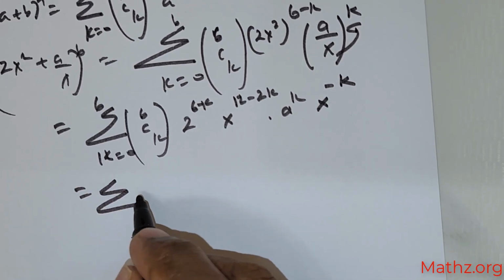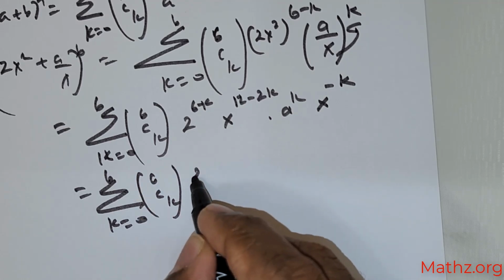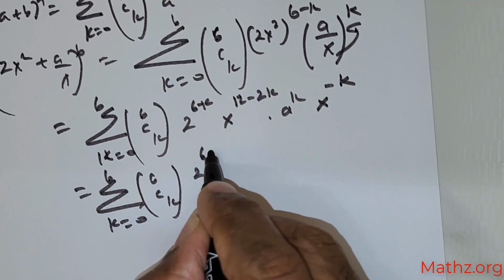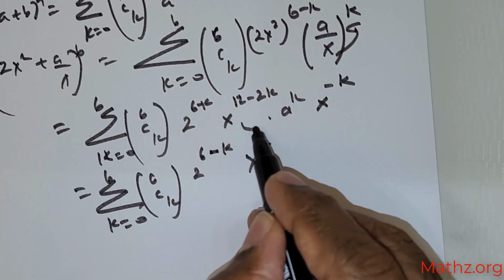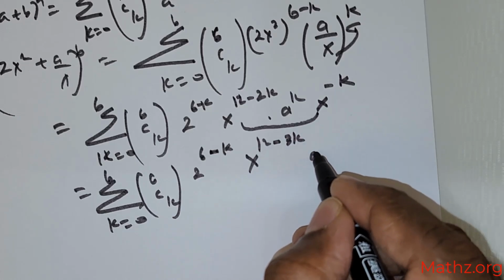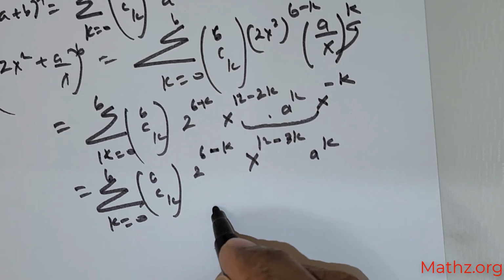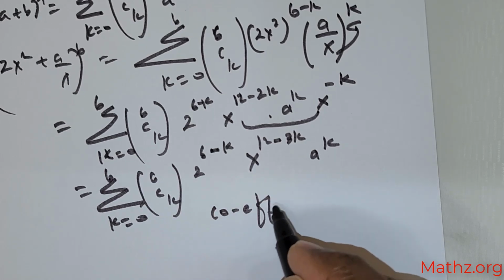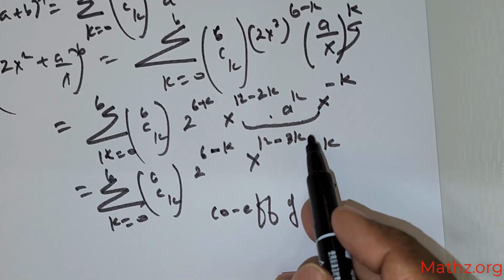I simplify this again: the sum from k = 0 to 6 of 6Ck times 2^(6−k) times x^12. I can add up these two exponents, so it's going to be x^(12 − 3k) times a^k. Now we want the coefficient of x^6.